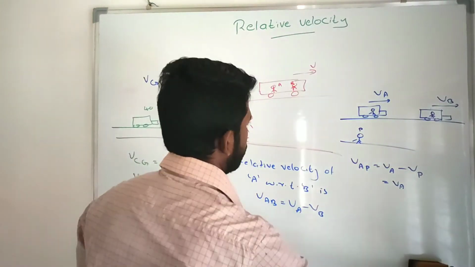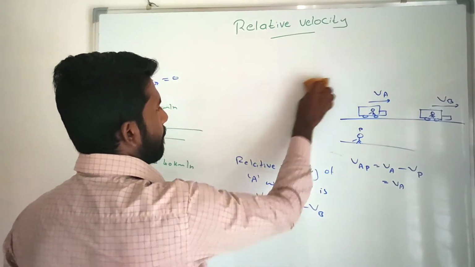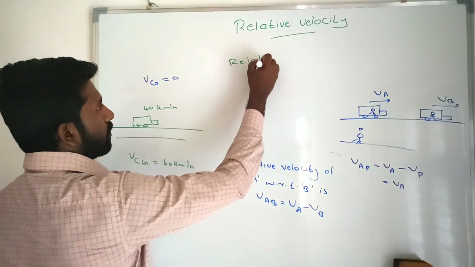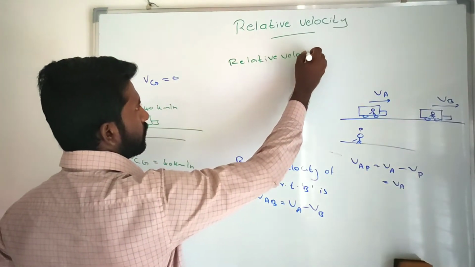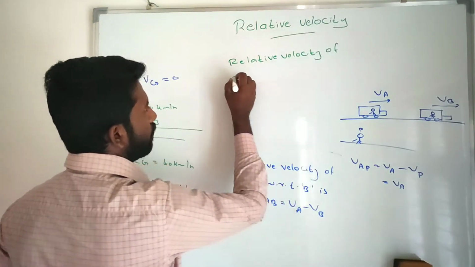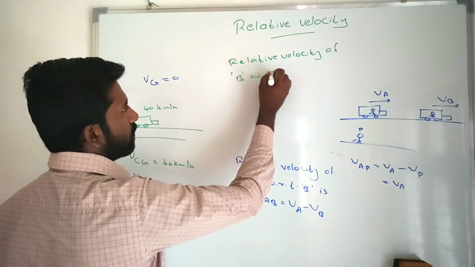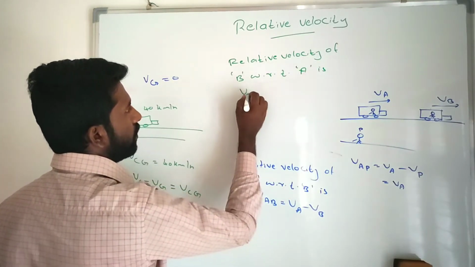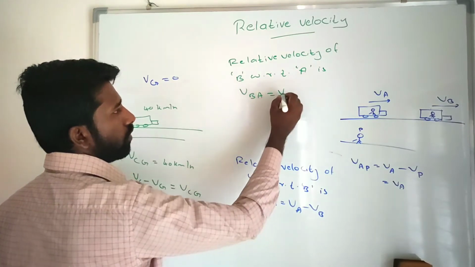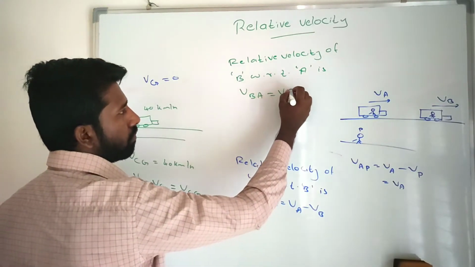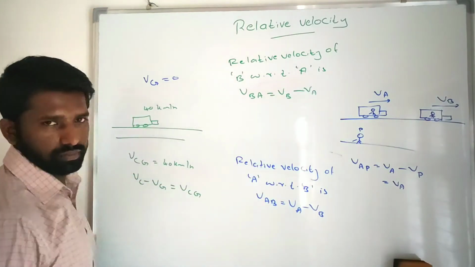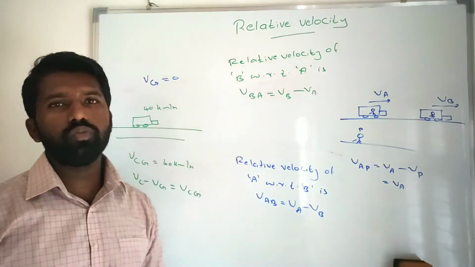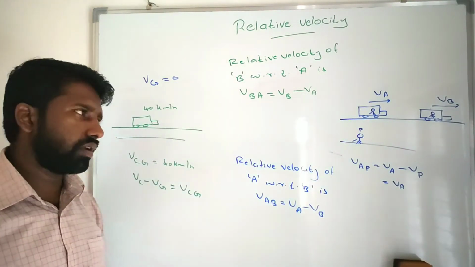So we can write that the relative velocity of B with respect to A is VBA is equal to velocity of B minus velocity of A. Okay, this is the case of relative velocity when the two bodies are moving in the same direction.